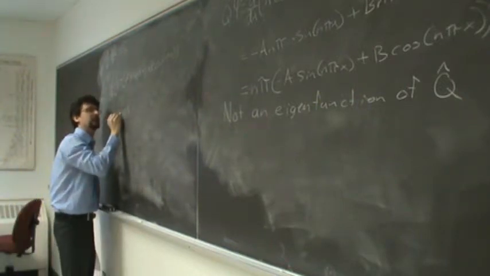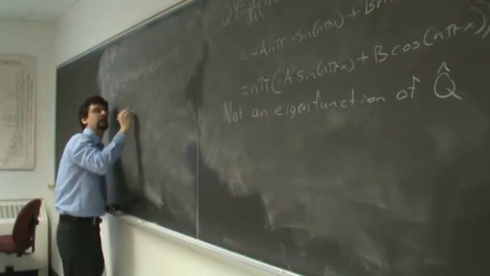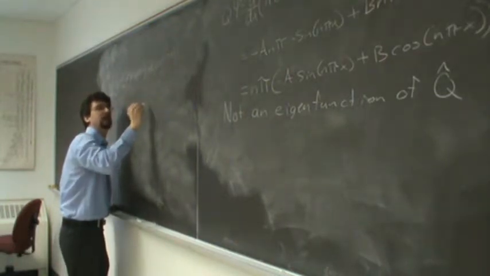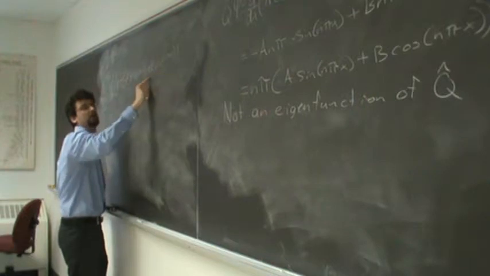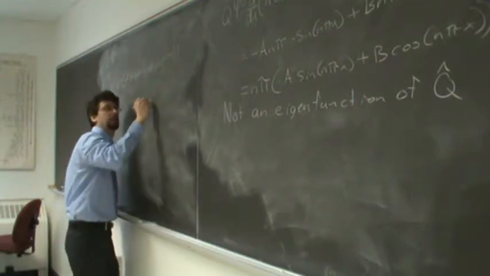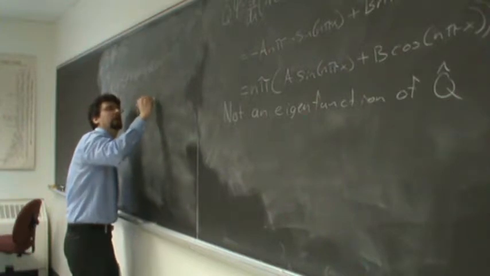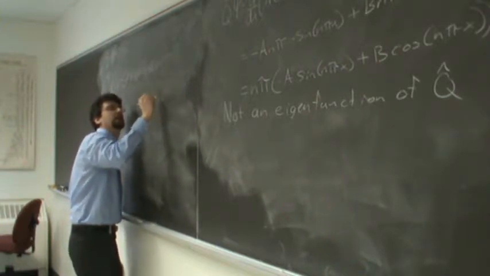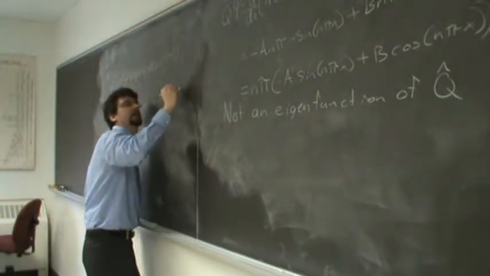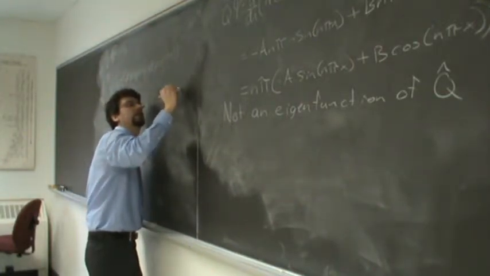Yep, there should be a negative sign up here, right? Okay. What about when we take the derivative of that one? Negative b n pi sine n pi x, all this stuff.